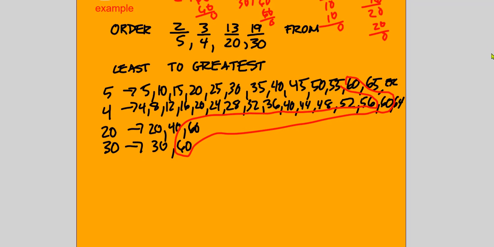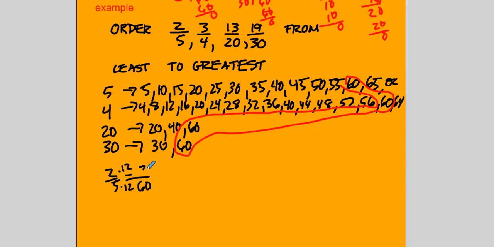So now what we're going to do is we have 2/5 equals blank over 60. Well, 5 times 12 is 60, so 2 times 12 is 24. So 2/5 is 24/60. 3/4 is, okay, 4 times 15 is 60, so 3 times 15 is 45. So 45 is bigger than 24, obviously.